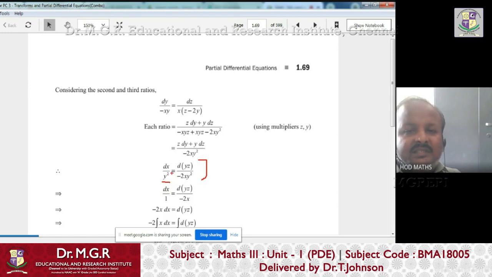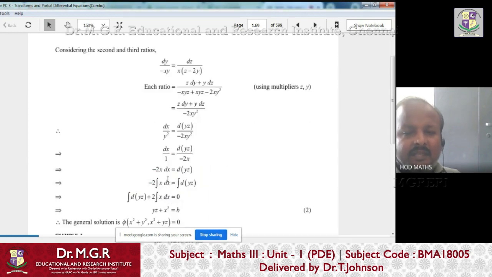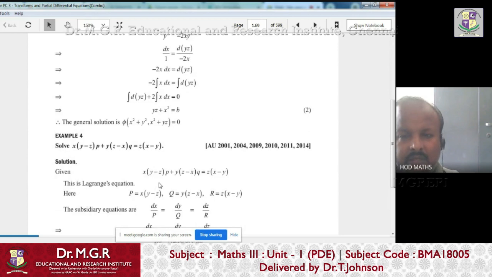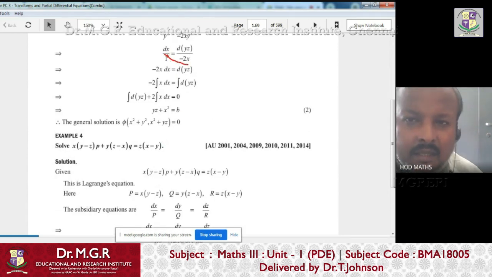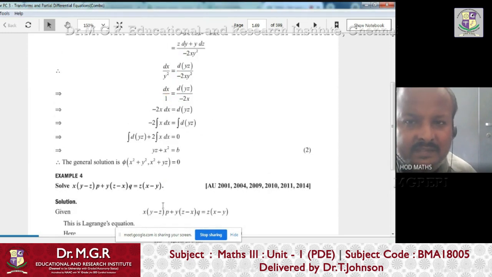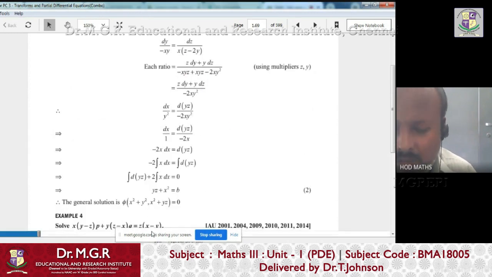Now you can clearly cancel out y square and take this minus 2x to the other side. So now it looks like minus 2x on the other side, and on this side nothing is there. But in the numerator it is only d of yz, right? So this step is very, very important.